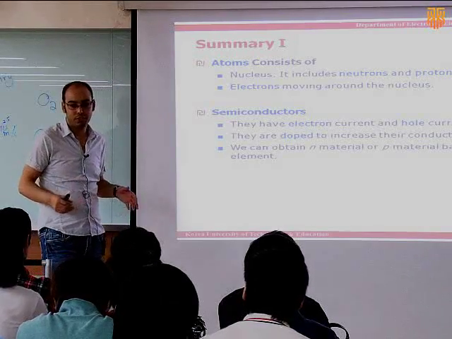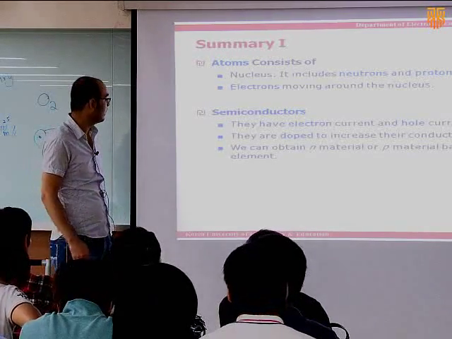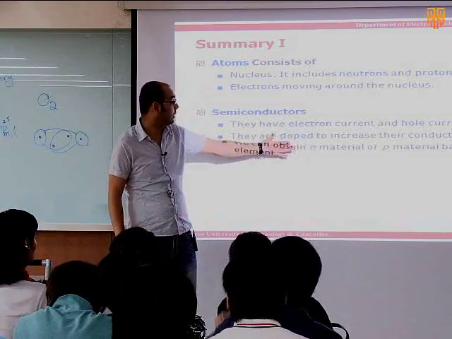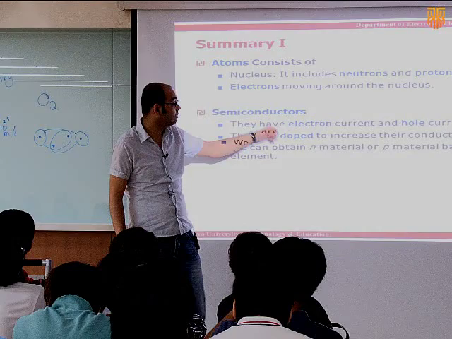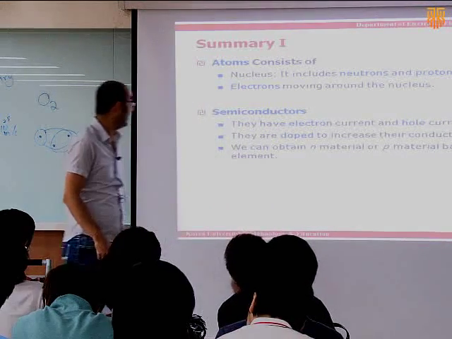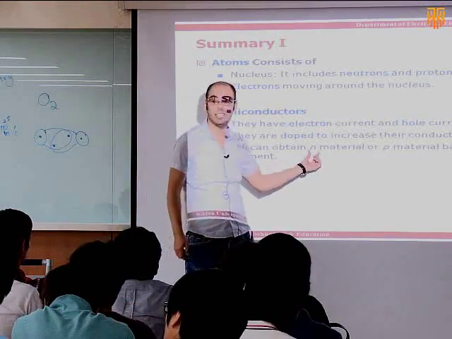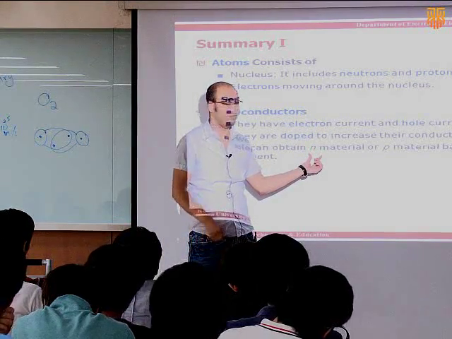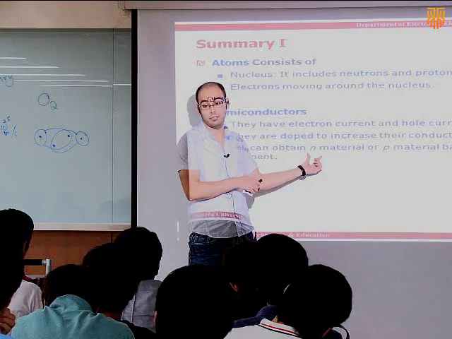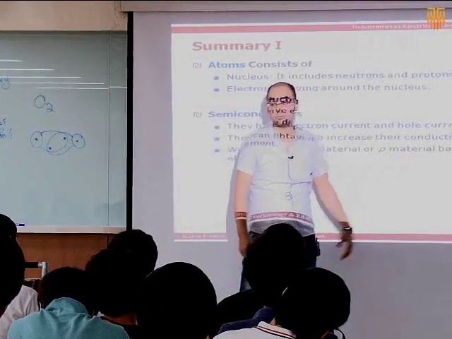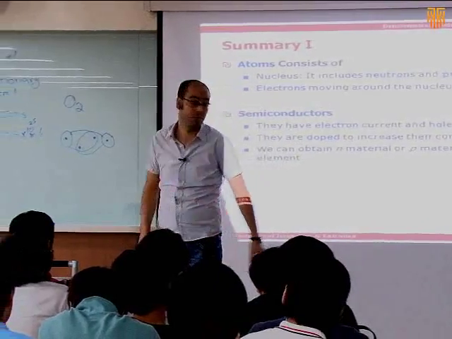We can dope the semiconductors. N material means negative material when we have electron current, and P material when we have a free hole.